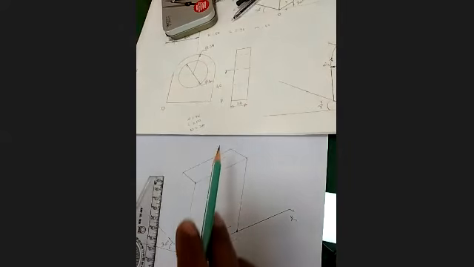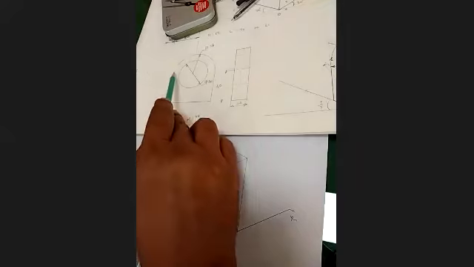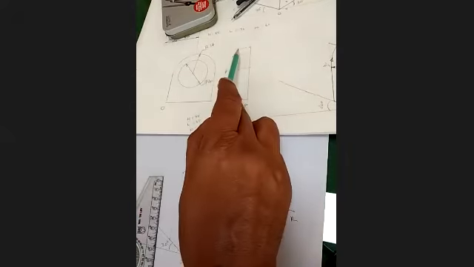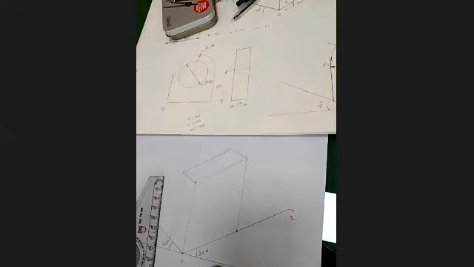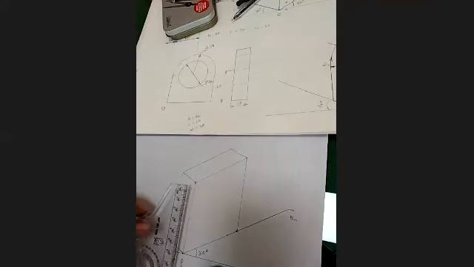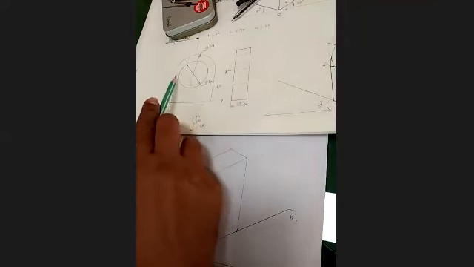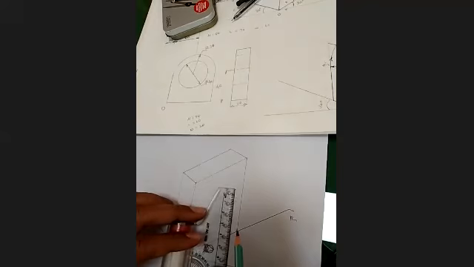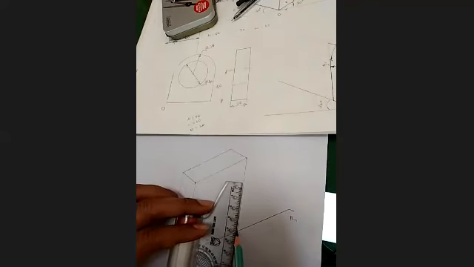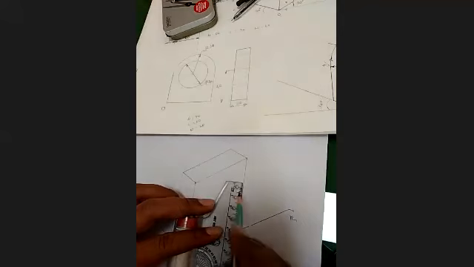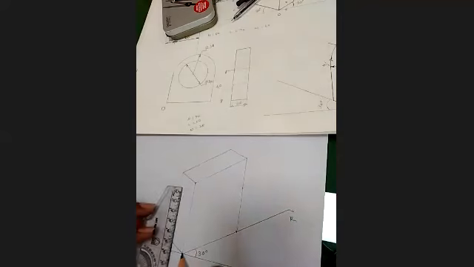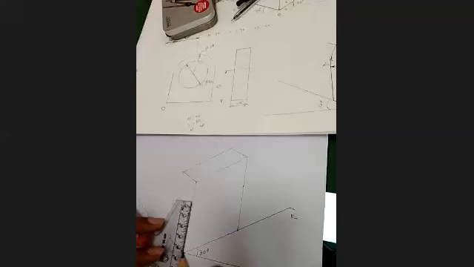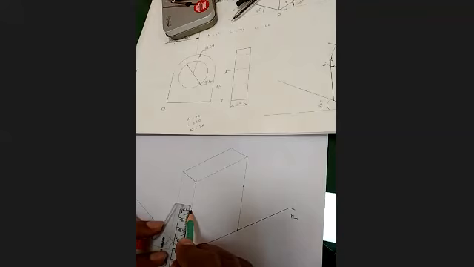Similarly, the semicircle is for this plate. The center of your circle is at a distance of 40 millimeter from the bottom. So we take 40 millimeter from the bottom, and the remaining will be 30. We will mark the center first. Suppose from here I take 40. This gives the center point.